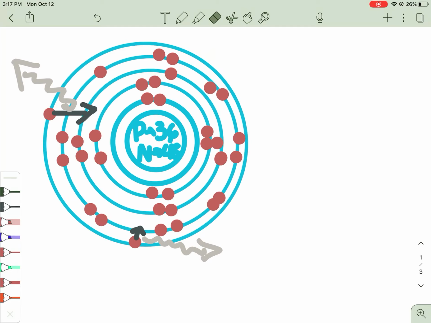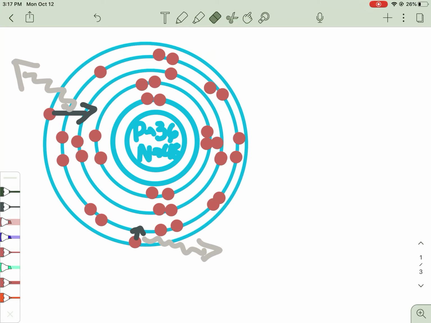Okay, so you could have given me a general Bohr model of krypton, but then you need to label it the ground state, okay? What I was specifically looking at, okay, was could you show the excitation of electrons falling back to their original states? Okay, so this should look really familiar from the POGL, the review, things like that, okay?